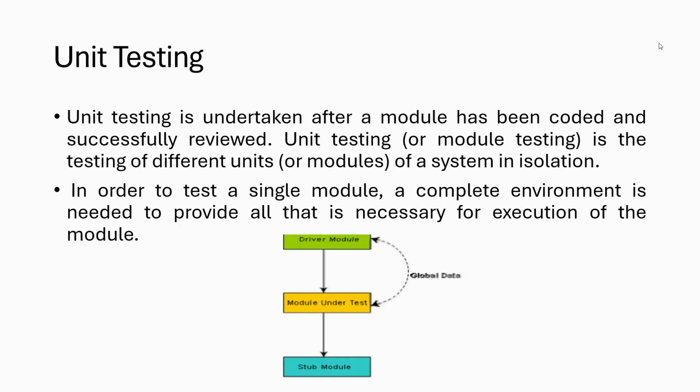It means the stub module is a dummy procedure, and the driver module consists of a higher module or other higher parameters, like non-local data structures. These components are used in unit testing.